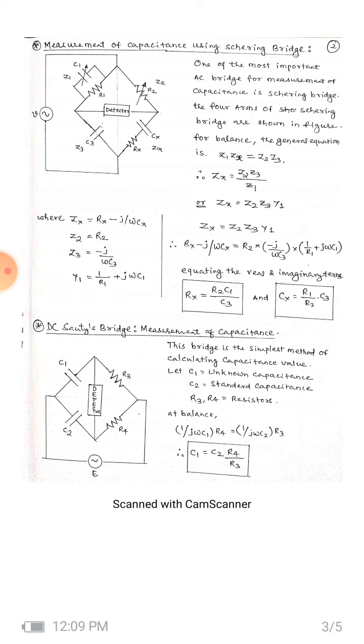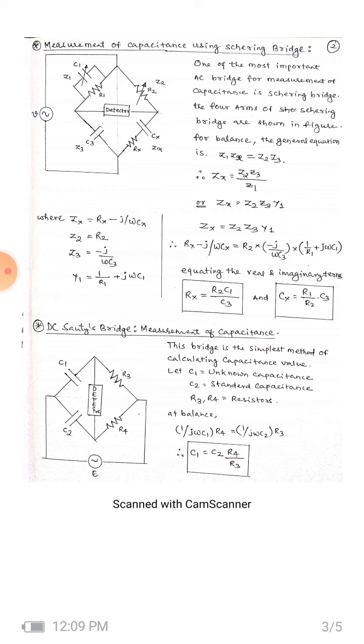And the Zx arm consists of one resistor and a capacitor which are in series. So I can write this as Rx minus j divided by omega Cx. Z2 is a resistance R2, so that is written directly as R2.